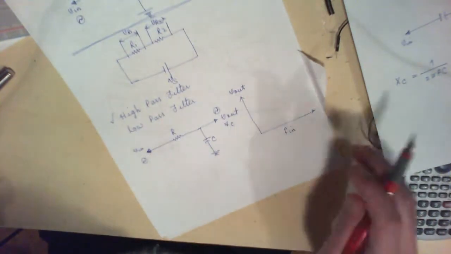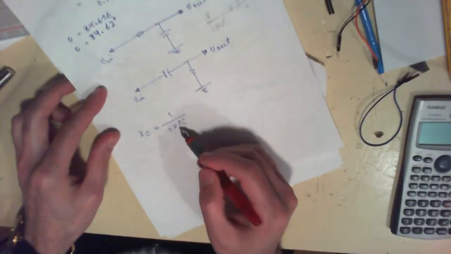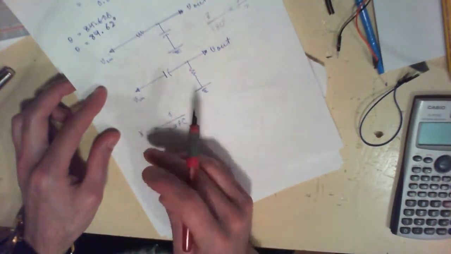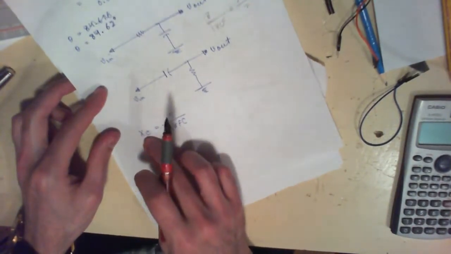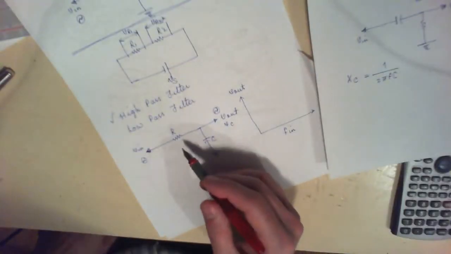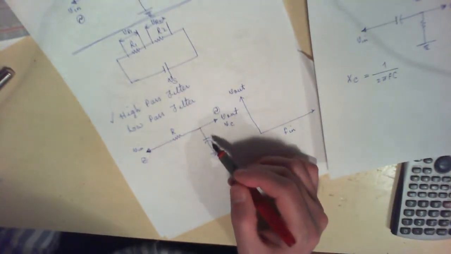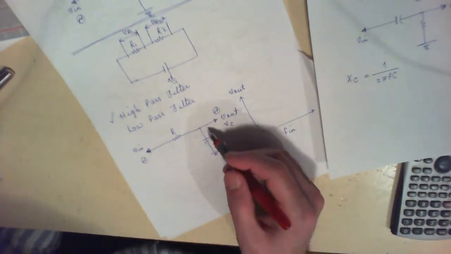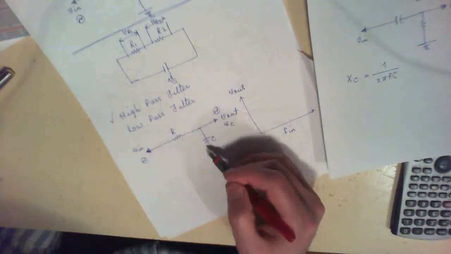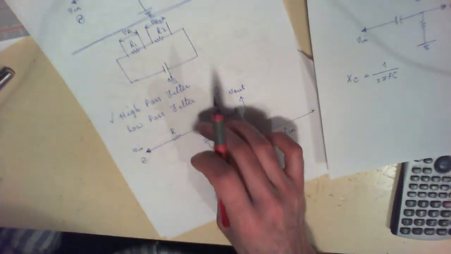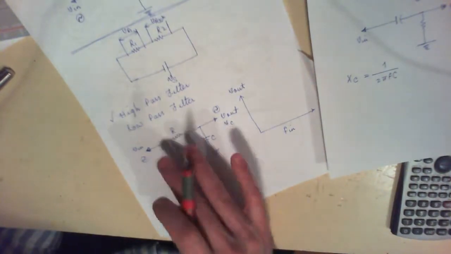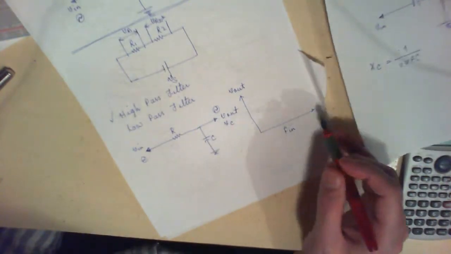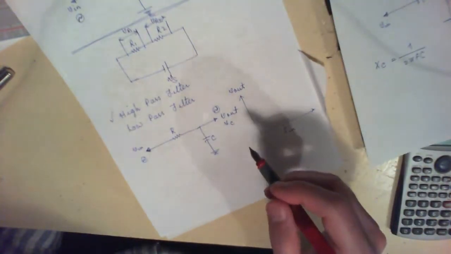We said that since the frequency is in the denominator here, the more you increase it, the more you decrease the reactance of that capacitor. So with increasing frequency, less and less voltage is going to be dropped across this capacitor, and more voltage is going to be dropped across this resistor up here. And so with increasing the frequency, the voltage is actually dropping.